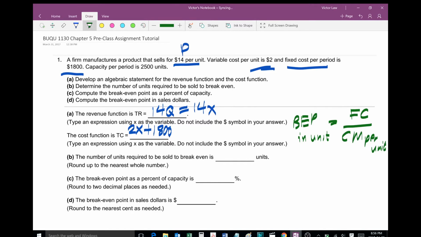Okay, so fixed cost we know is 1,800. Contribution margin per unit is basically your price minus your variable cost. So which is 1,800 over 14 minus 2.